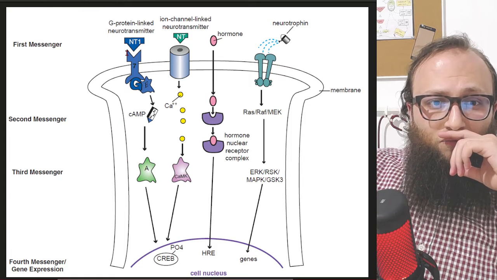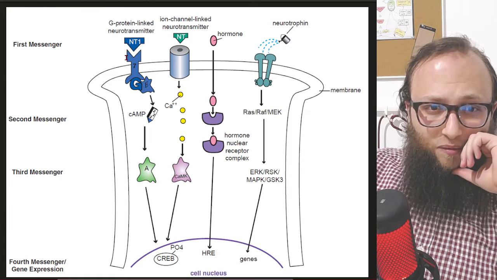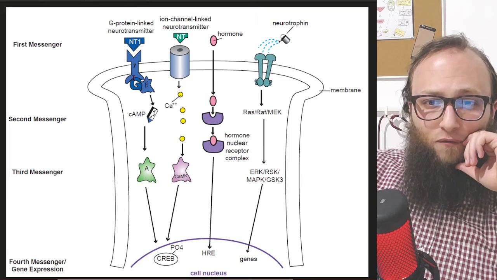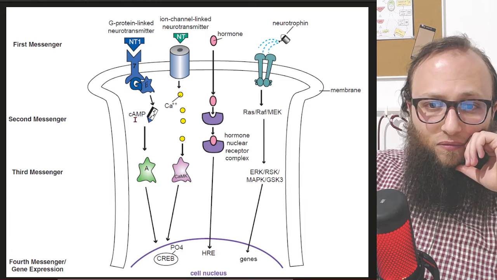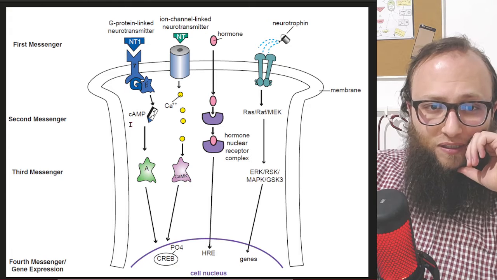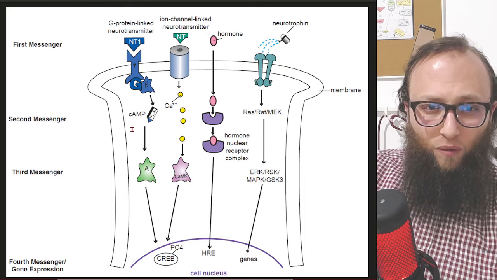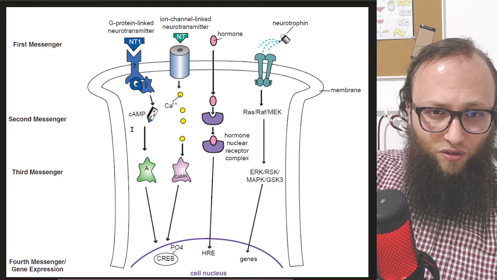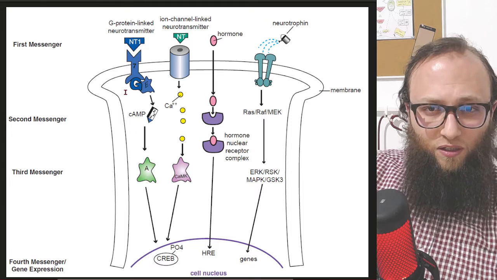But the G protein linked system works through a cascade involving cyclic AMP. We will go through it one by one in a minute, inshallah. But let's just talk about them in general.